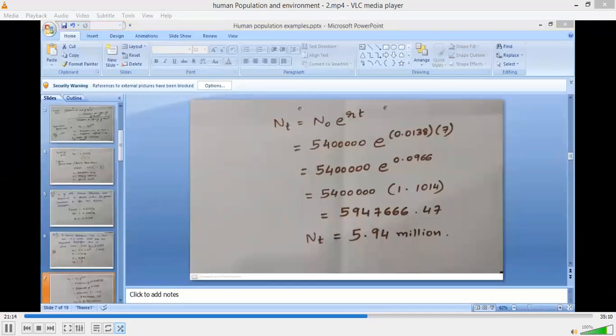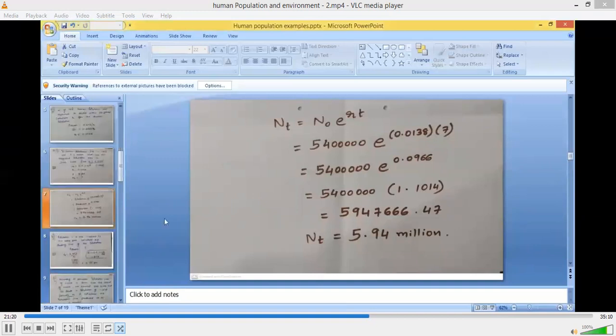Even though you have done the calculation on your own, please copy down these values, because at the time of examination, if you don't have this type of notes, then you will easily forget the formula.